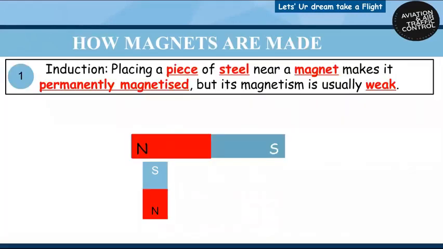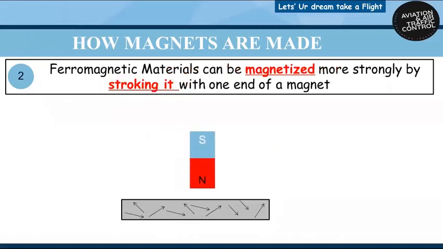How are magnets formed? The first method is the induction method. Placing a piece of steel near a magnet makes it permanently magnetized, but its magnetism is usually weak. The second method is stroking. Ferromagnetic substances are magnetized more strongly by stroking them with one end of the magnet.